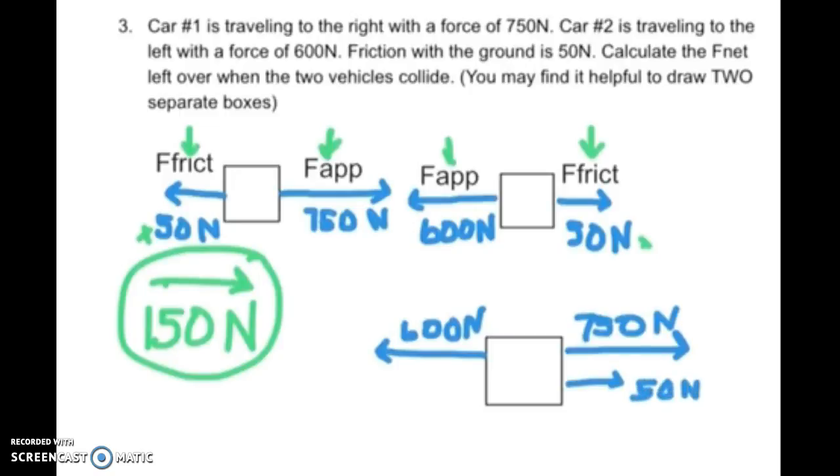So this 50 that I just drew is working in opposite direction of the 600, and then this 50 is working in opposite direction of the 750. So same way that we did the top one, you could say 50 minus 50 equals 0, and then 750 and 600 is a 150 difference.